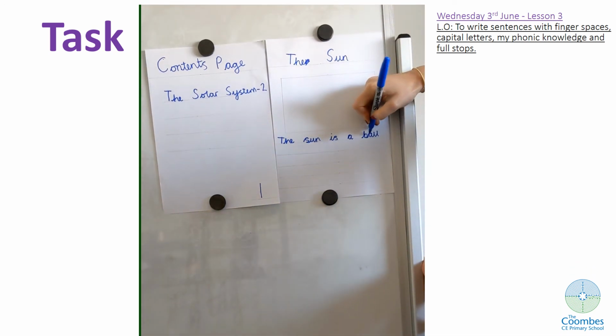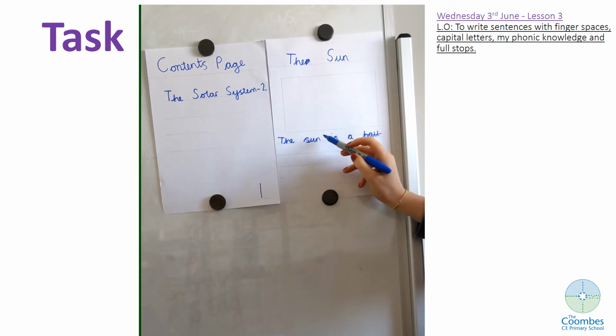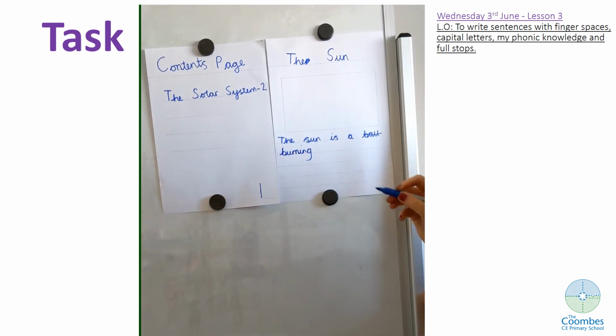So I'm going to cross out the word ball, just neatly, and then I'll write burning down here. So the sun is a burning, ing. Now I can write ball.